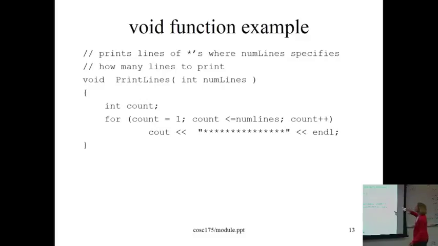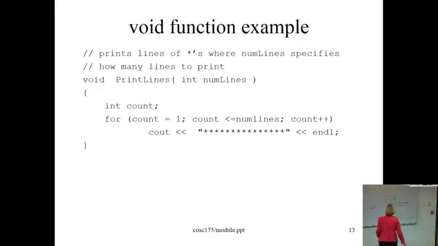So when I call this guy, when I call print lines, what do I need to send to print lines? If I call print lines, how do I call it? It's void, so I just give the name. So what can go inside here?